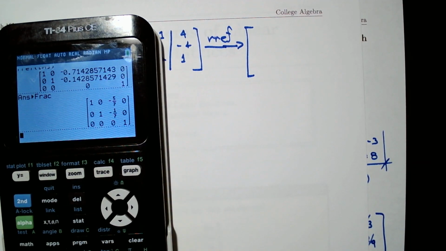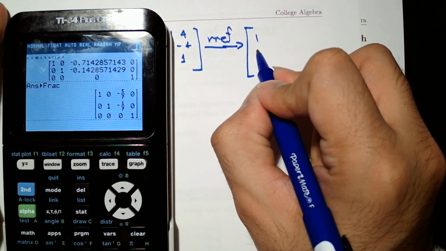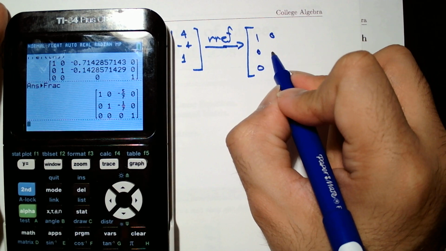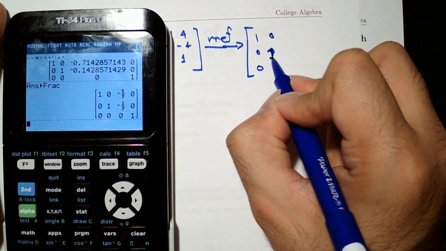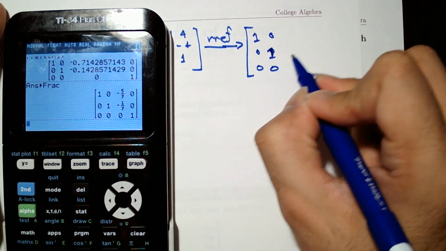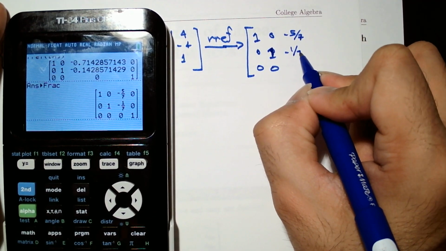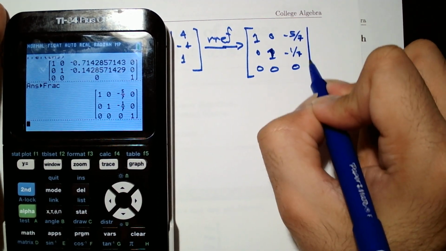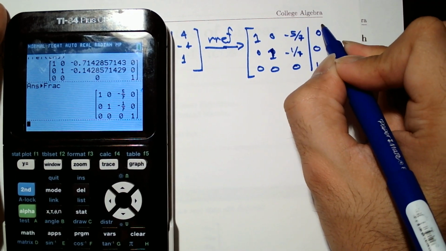Okay, I'm going to show you where the weirdness is going on. So that's a 1, 0, 0, 0, 1, 0, -5 sevenths, -1 seventh, 0 bar, and then 0, 0, 1.